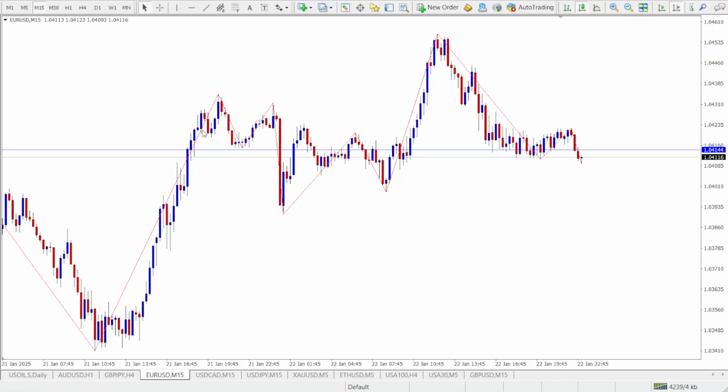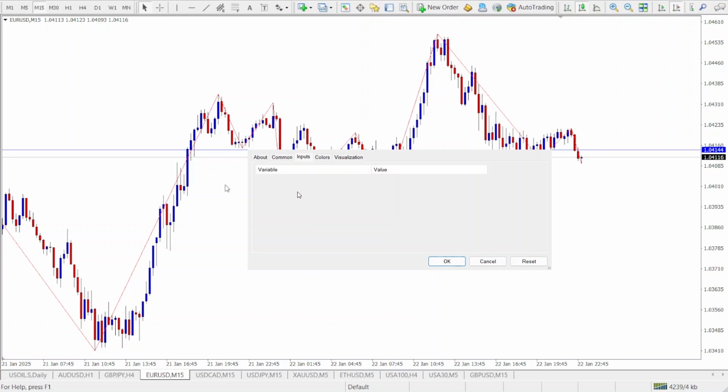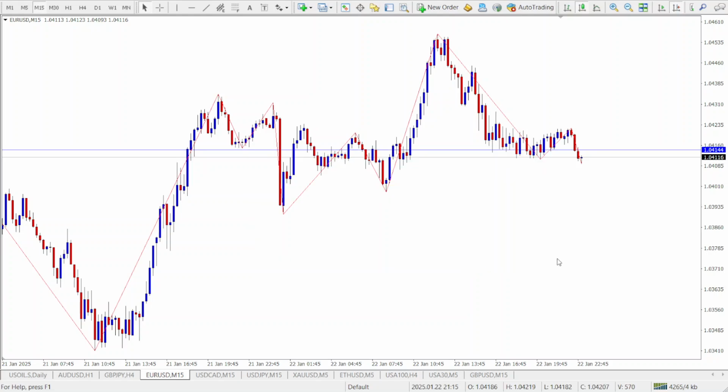If you go to Inputs, you're going to see depth, deviation, and backstep, so you can tweak the settings if you wish. For breakout trading, you want the indicator to highlight meaningful levels without being too sensitive. A balanced setting will help you focus on critical breakout zones without getting distracted by smaller price movements. So actually, you can decide to use the default settings.